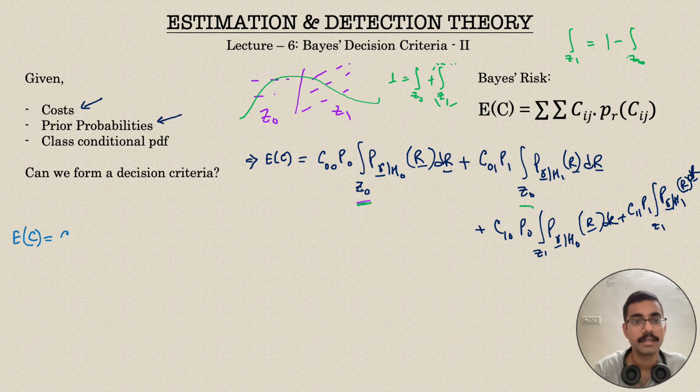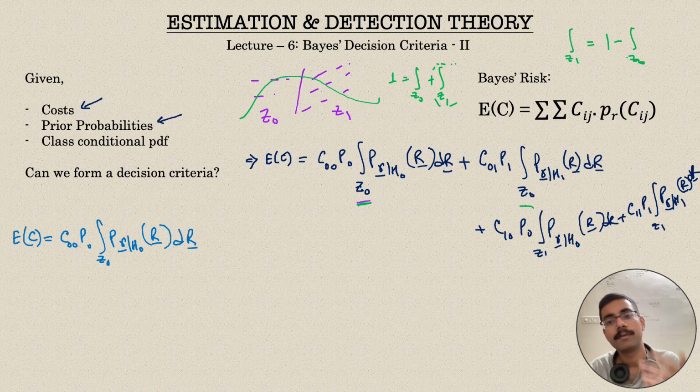So I'm changing this. C00 P0, let the Z0 term stay as it is. Now as you see, I'm taking a high dimensional vector R for the observation, because it is not necessary that it is always a one-dimensional observation. Anything a little more complex can be well generalized with this expression.